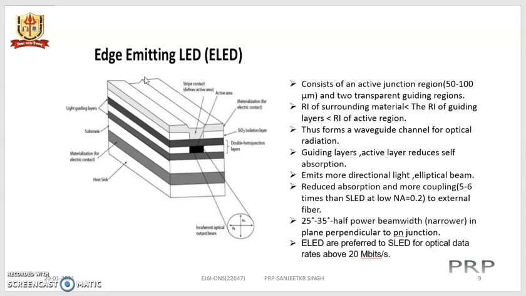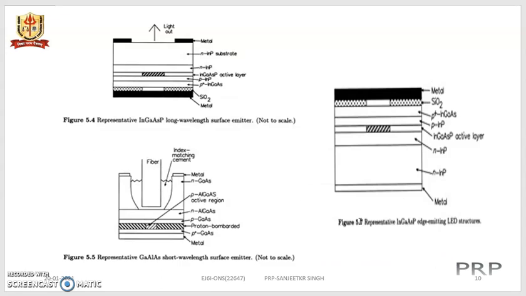So it has higher coupling efficiency as compared to the surface emitter LED, with 25 to 35 degree half power beam width, that is considered narrower, in a plane perpendicular to the PN junction. This type of LED is preferred to the surface emitter LED for optical data rate above 20 megabits per second.